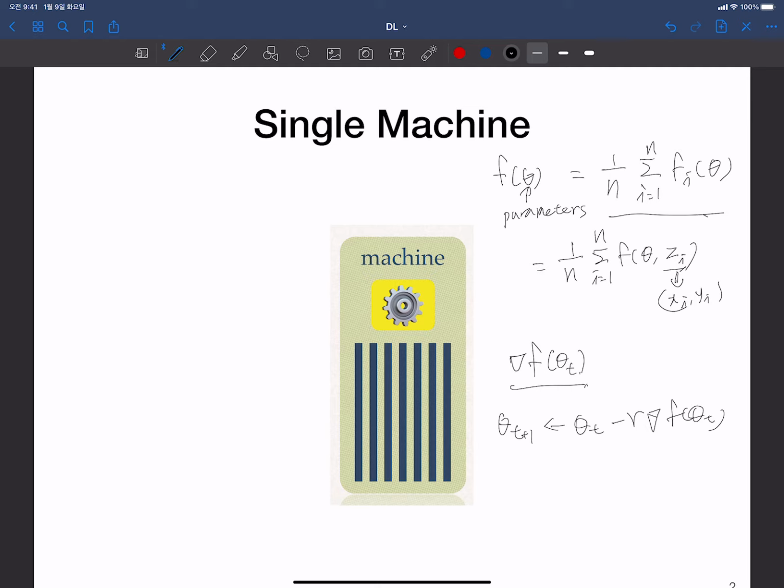When we cannot compute the full gradient, we have to use the stochastic gradient g t, and using the stochastic gradient we run the stochastic gradient descent algorithm to optimize our parameters. Okay, so that is a typical machine learning process, especially for deep neural networks.